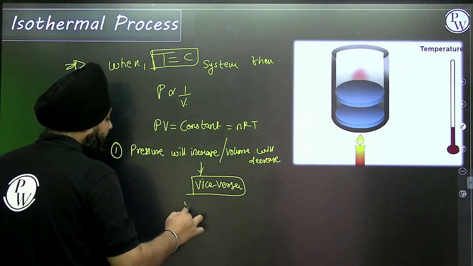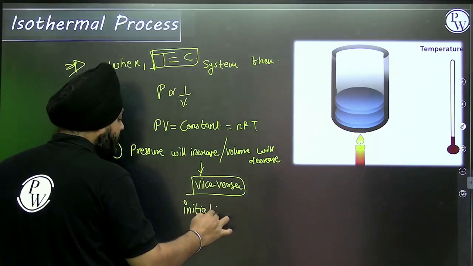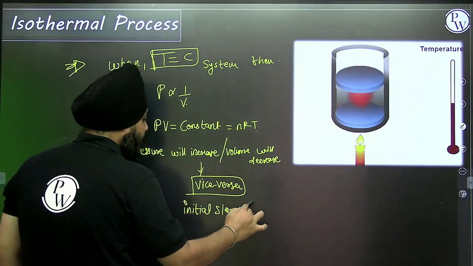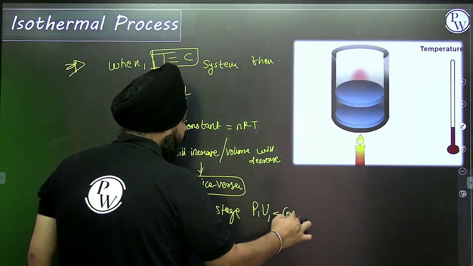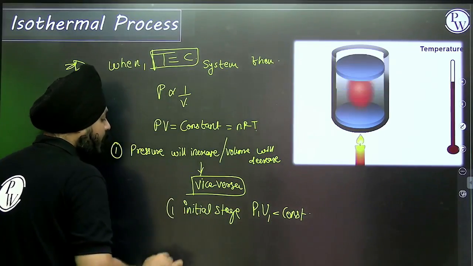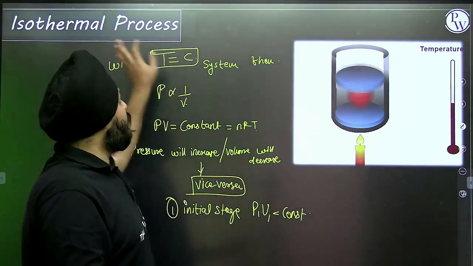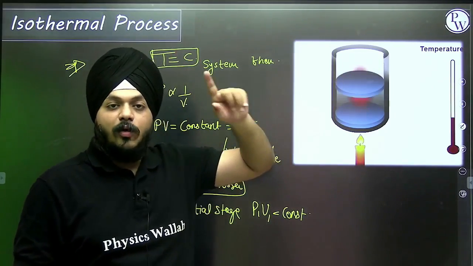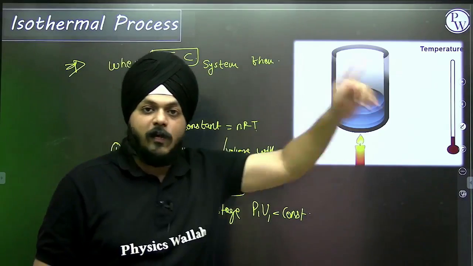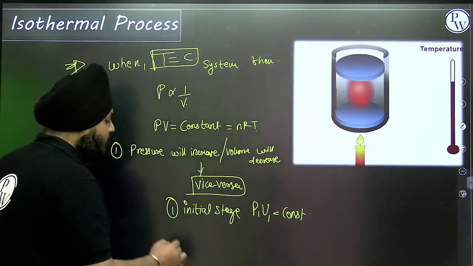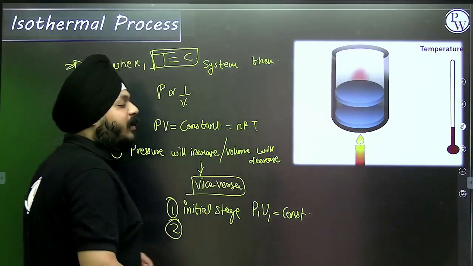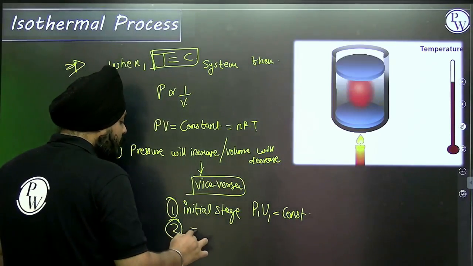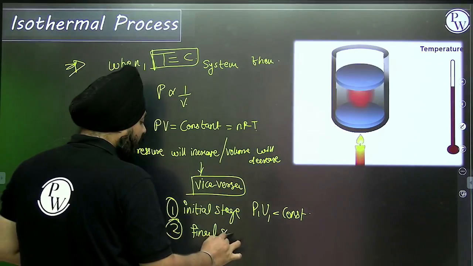So can I say at the initial stage P1 V1 is equal to constant? Because the isothermal process is a thermodynamic process, obviously the equilibrium state is going to change from one to another. The process always initiates from the initial stage and proceeds to the final stage. So in the initial stage, PV is equal to constant.